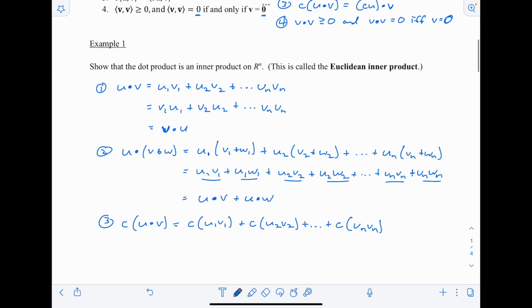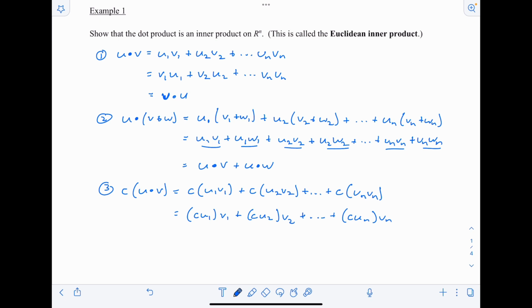Well, again, we know that we can move things around with multiplication. We can regroup things. So I'm going to regroup this as c u1 times v1, c u2 times v2, and then up to c un times vn, which is basically the other half of this.